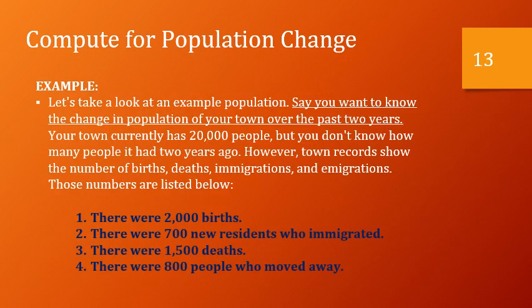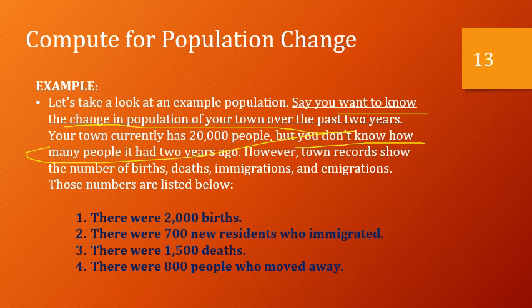So let's try to solve these examples. So let's take a look at the example. Let's say you want to know the change in the population of your town over the past 2 years. So your town currently has 20,000 people, but you don't know how many people it had 2 years ago.